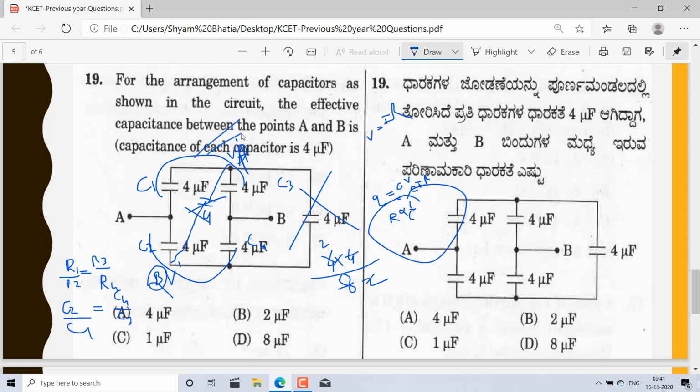So the equivalent is 2 microfarad, and here is also 2 microfarad. And in parallel combination, it is simply 2 plus 2 is 4. Which answer is correct? Your answer is 4, because 2 microfarad and 2 microfarad in parallel, so 2 plus 2 is 4. So option A is correct.